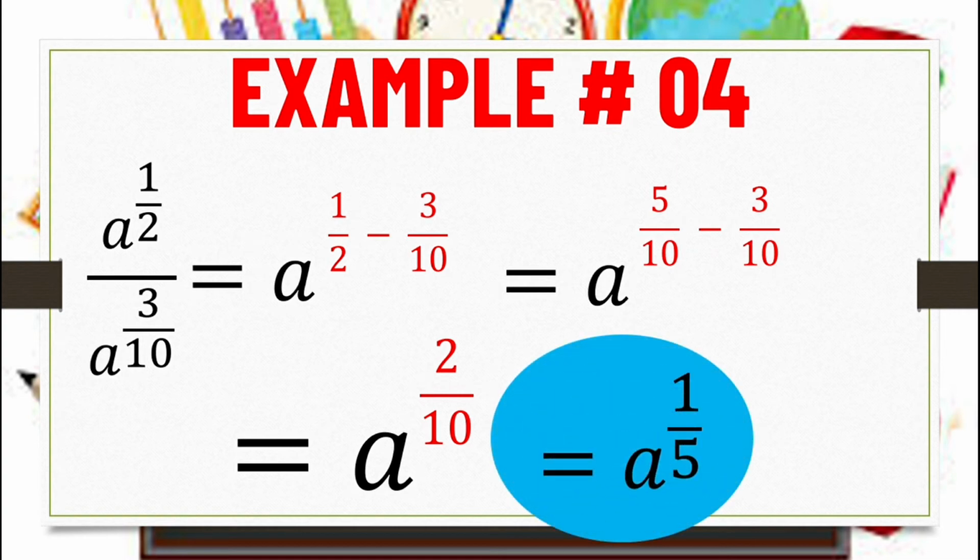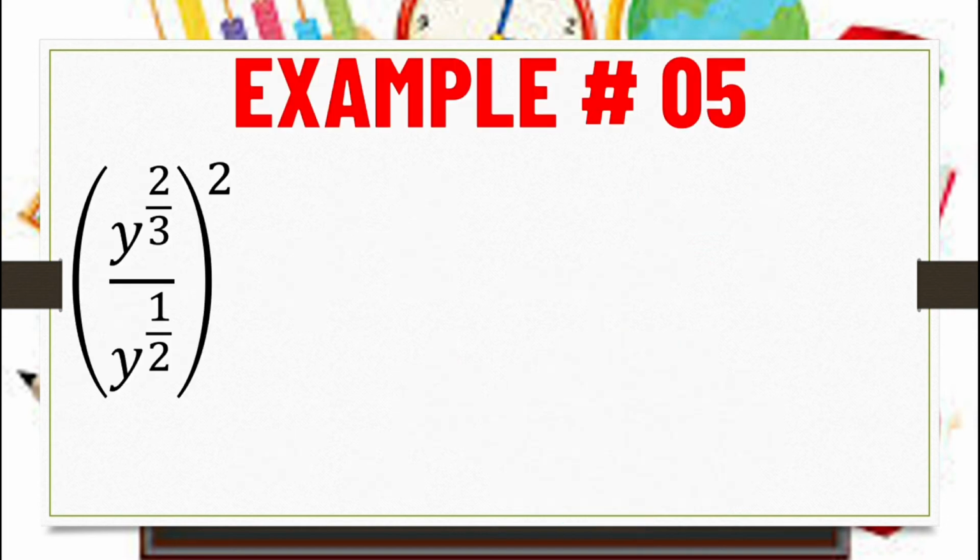So this is one way on how to simplify expressions with rational exponents. Let's have our next example. Quantity y raised to 2/3 all over y raised to 1/2, closed quantity squared.